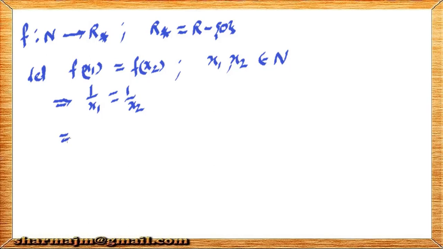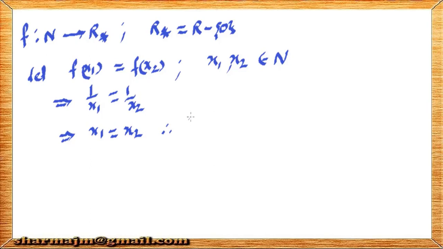Now whenever you take the reciprocal of a natural number it will be a fraction, except 1 by 1 is 1, so two different natural numbers have different reciprocals, which implies x1 equal to x2.